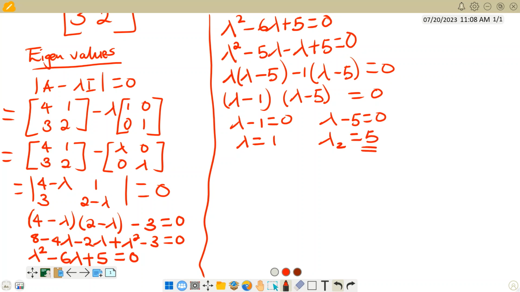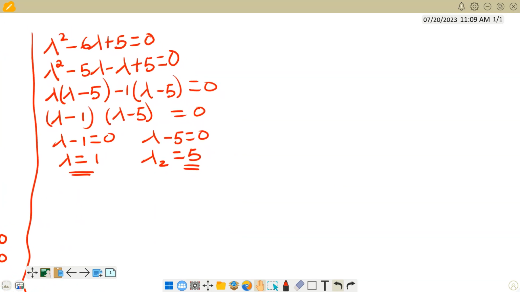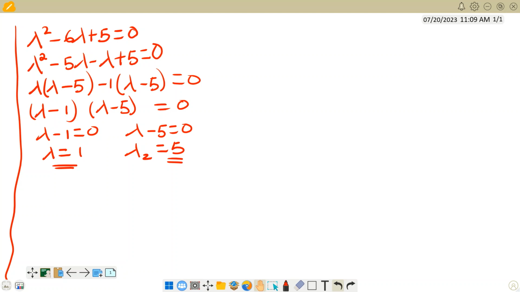So what we've gotten here are the eigenvalues, right? The next thing is to get the eigenvectors. Now how do we get the eigenvectors?